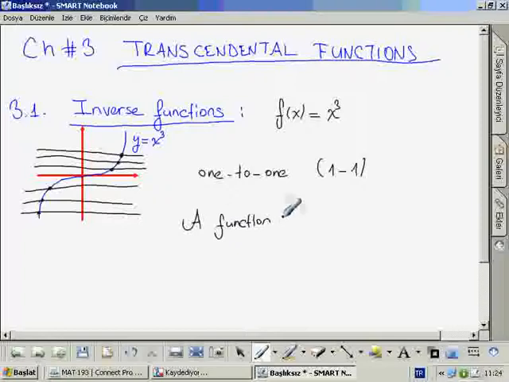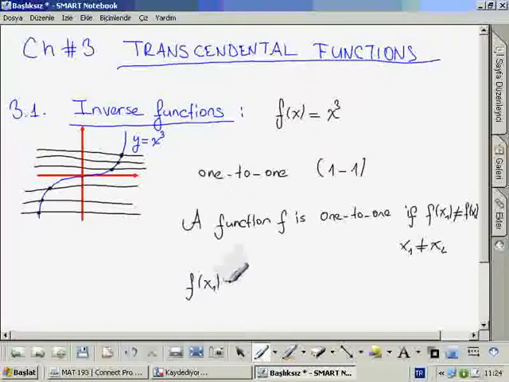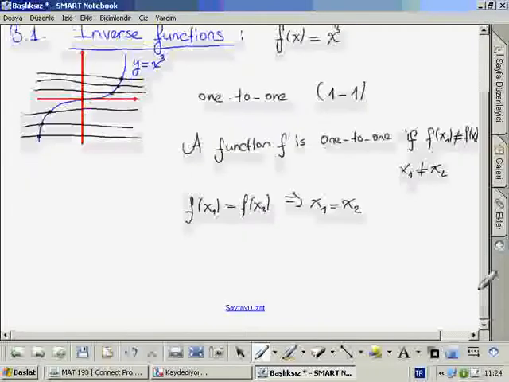A function f is 1-to-1 if f of x1 is not equal to f of x2 when x1 does not equal x2, okay, and from this, if f of x1 equals f of x2, then x1 will be equal to x2 if this function is 1-to-1.